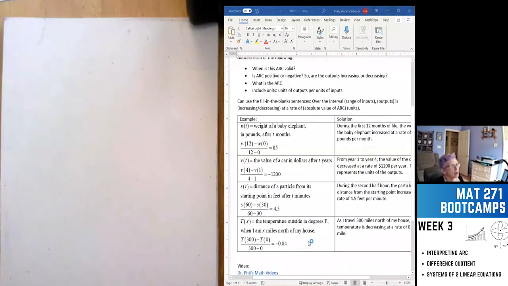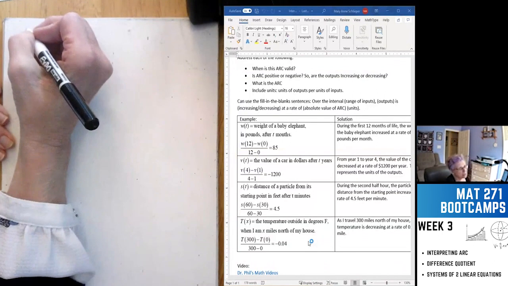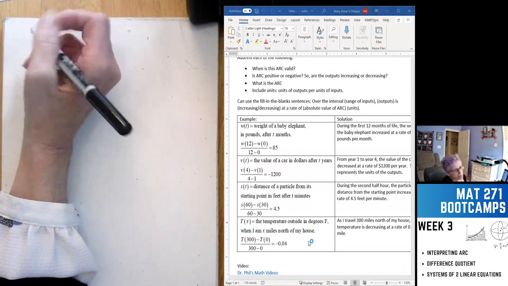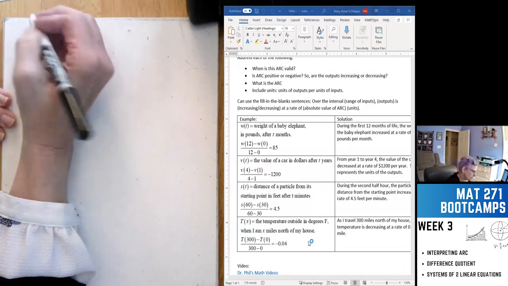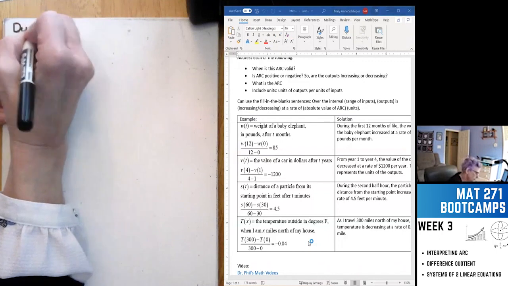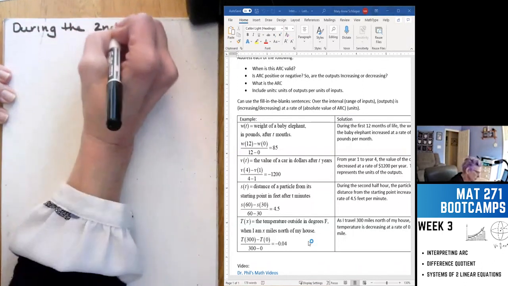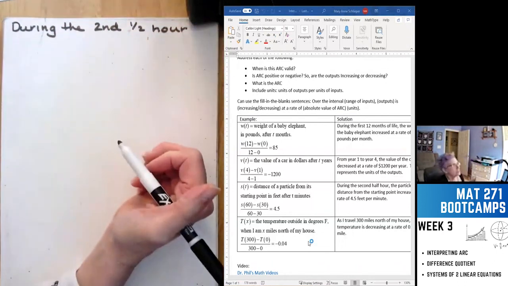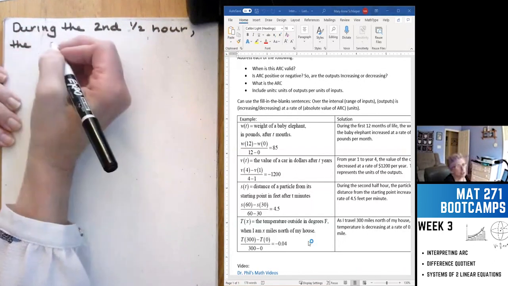Okay, distance of a particle from its starting point in feet after t minutes. So we have that s of 60 minus s of 30 over 60 minus 30 is 4.5. So when is this true? During the second half hour, or from 30 to 60 minutes, however you want to phrase that. What's changing?